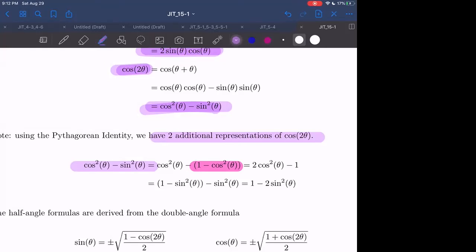And so that gives us another representation of cosine of 2 theta as 2 cosine squared theta minus 1.